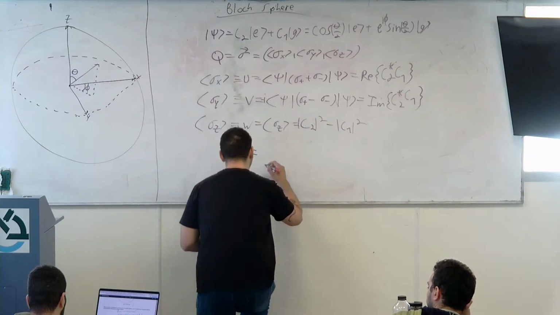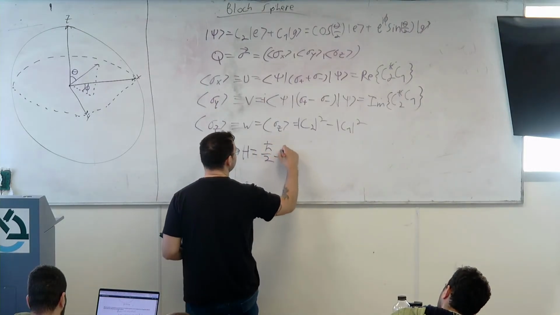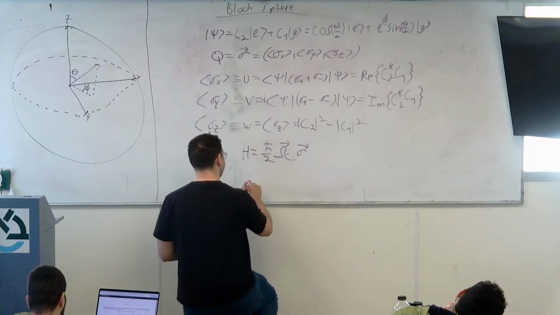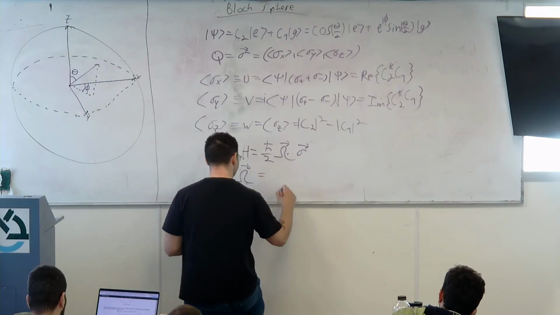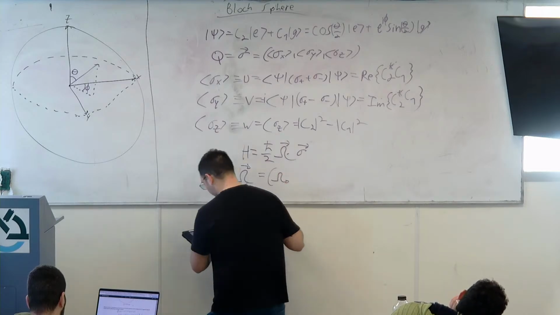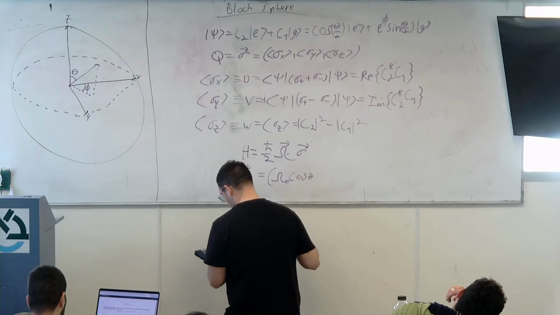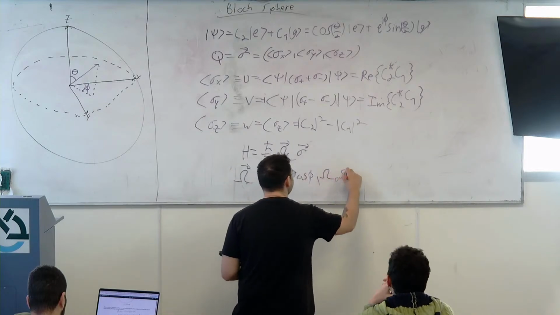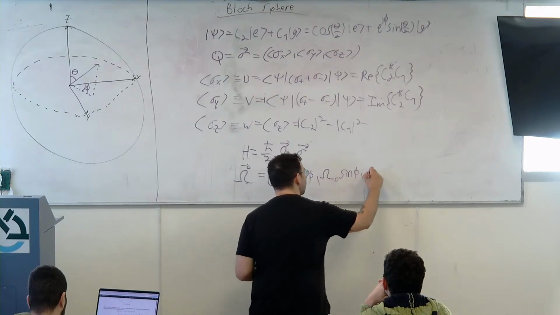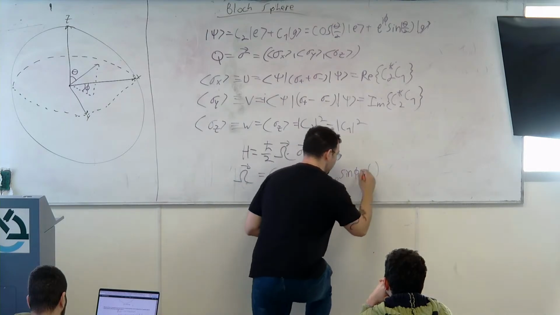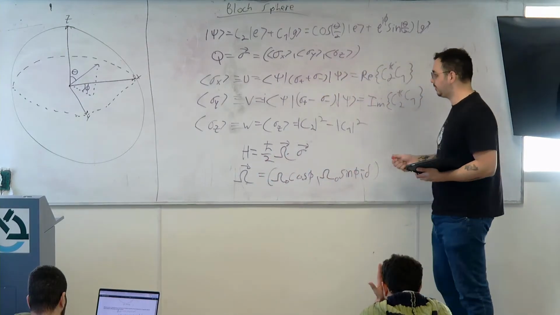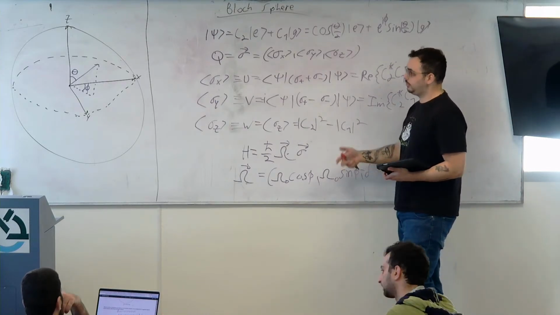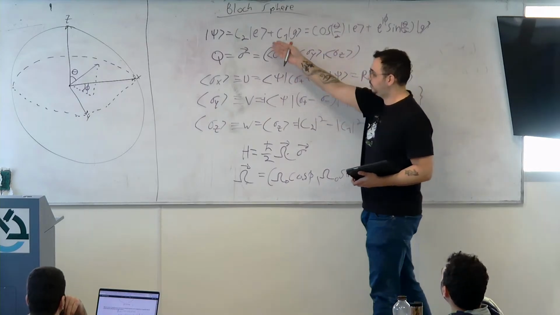H equals h bar divided by 2 times omega vector dot sigma vector, where omega vector will be defined as omega 0, which is the Rabi frequency, cosine, sine, to stay consistent with last time, and minus delta, where delta is the detuning, basically the frequency difference between the laser that affects the system and the frequency of the energy transfer between the two states.